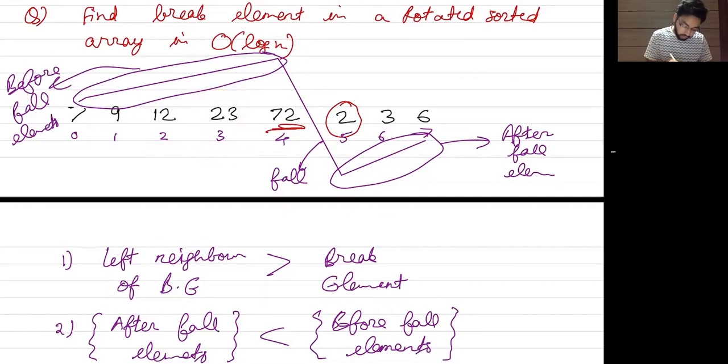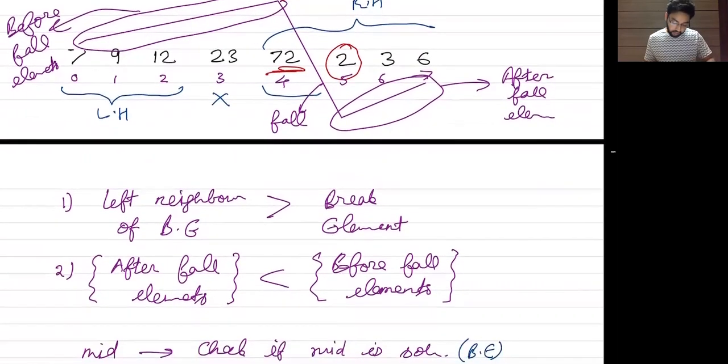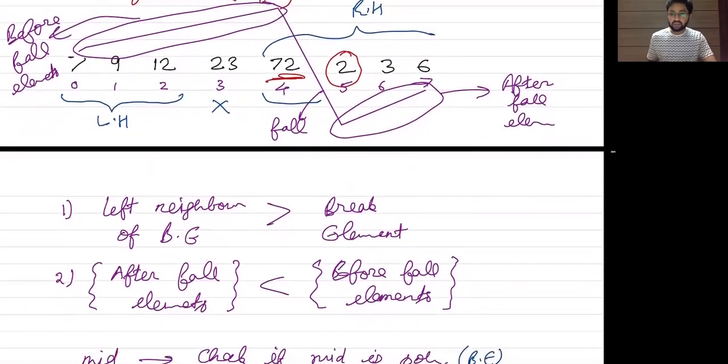But now can we somehow know if the solution lies in the left half or the right half? Is there some condition that we can check to say whether the answer is in the left half or right half? And if there is, what is it?